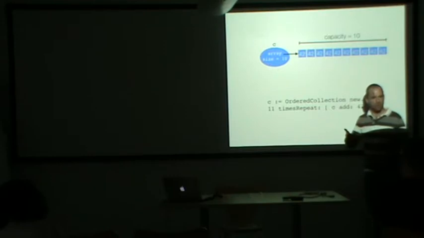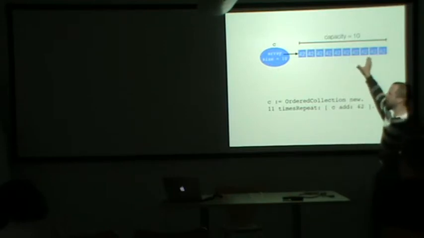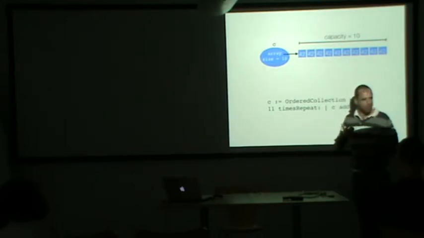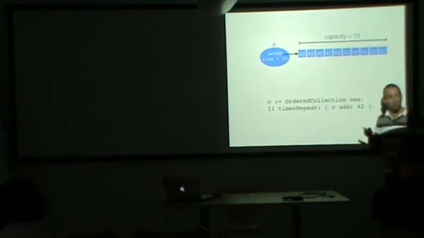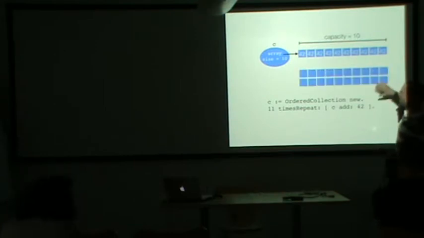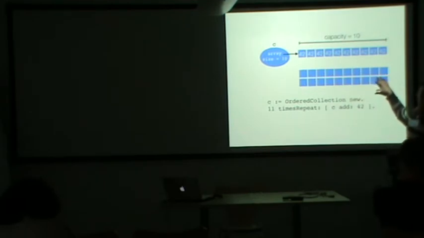So then there is a mechanism called expansion of the collection. So this object C has to be expanded. And the expansion is something a bit complicated. After the 10th element has been added to the collection, a new array is created of double the size.